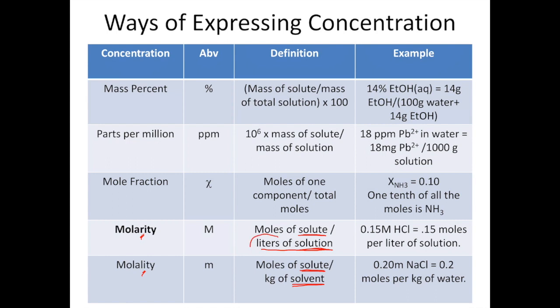So if you are using volume in your calculation of concentration and you are changing temperature, that volume will change, and so your concentration will not be what you think it is at different temperatures. Whereas when you are doing temperature studies, mass doesn't change with temperature. So molality is a good way to express concentration when you are doing a temperature dependent study, which is why it exists. Why it exists with pretty much the same name, that I cannot explain.